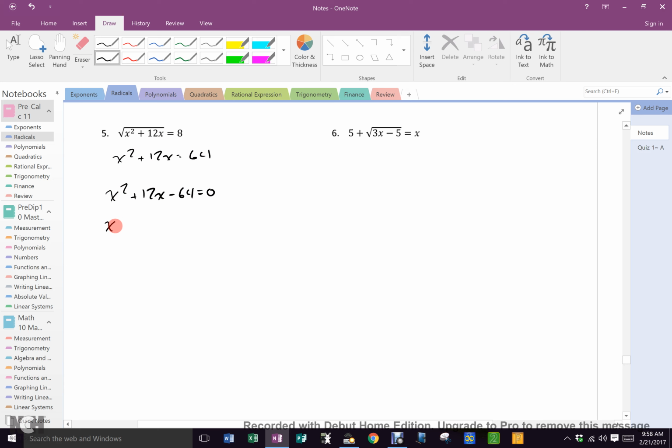Factor, what is it? Negative 16 and positive 4? Positive 16 and negative 4. So what is x? Now what? Check them. Do they both work? Does one work or do neither work?